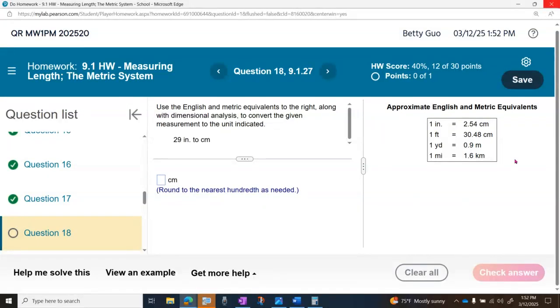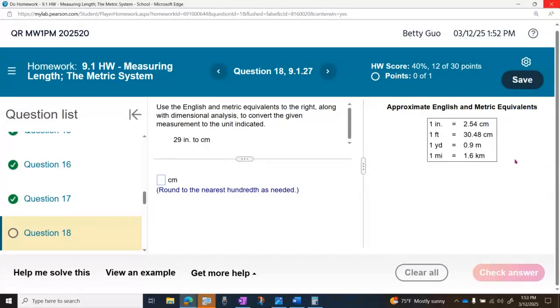I said look at your thumb. From the tip of your finger to the first knuckle, that's about 1 inch. Approximately, okay? Of course, my hand is probably smaller than yours. It's just an idea.